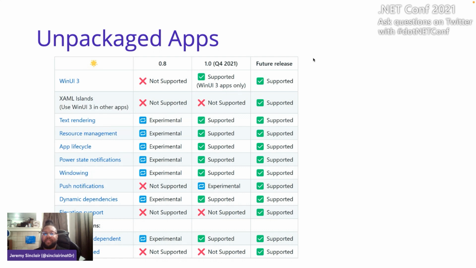And the same with XAML Islands, which may be a stopper for many who previously have WPF and WinForms apps, and we're adding those controls in, adding the XAML Islands to get a little bit of those native controls.